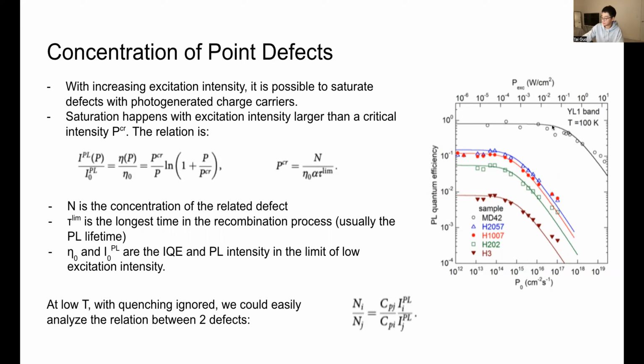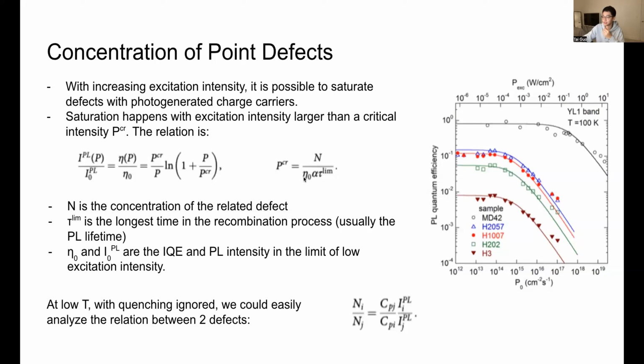That is because we couldn't emit more photons out of the system with the higher excitation intensity because the defects has been saturated. So using the relationship we have here, we could see that the critical intensity is directly related to the defect concentration. If we know the values for other parameters, we could easily calculate the concentration based on the experimental data we have.